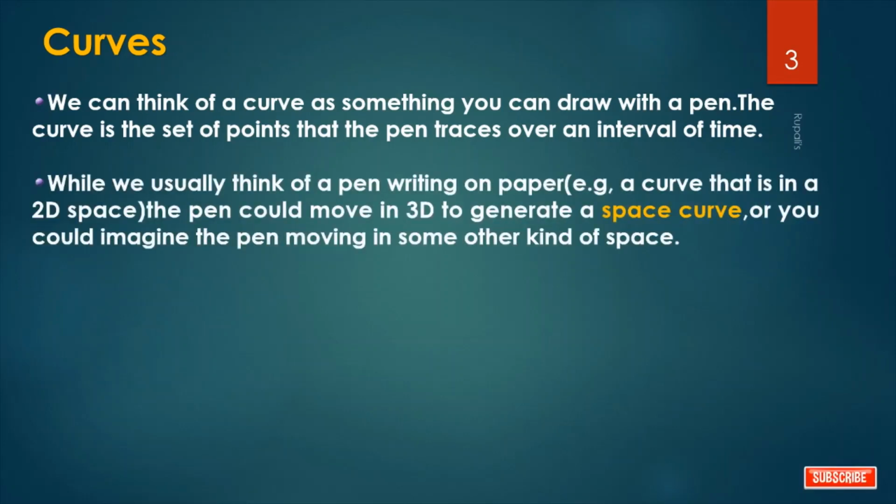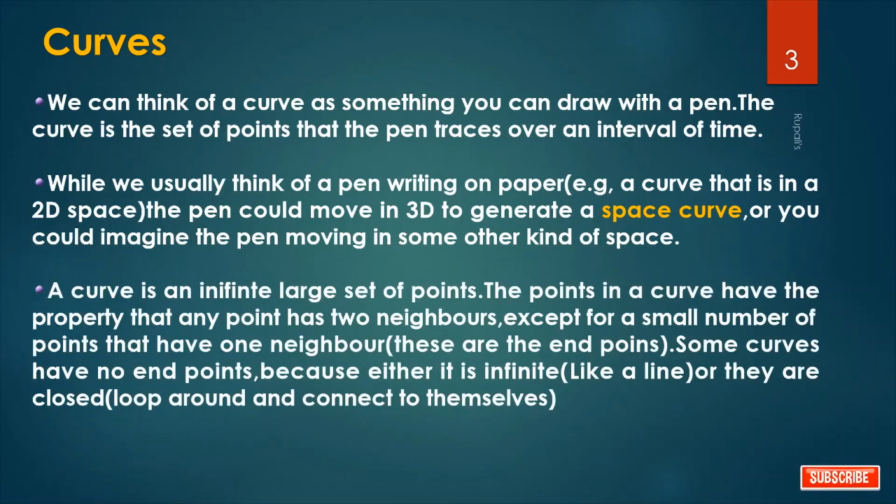While we usually think of a pen writing on paper, that is a curve in 2D space. The pen could move in 3D to generate a space curve. Or you could imagine the pen moving in some other kind of space. A curve is an infinitely large set of points.